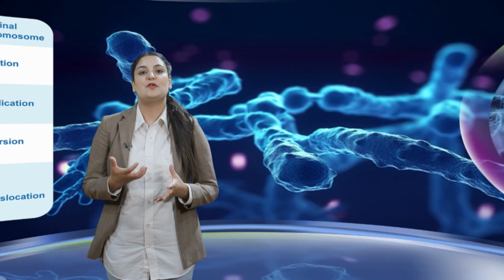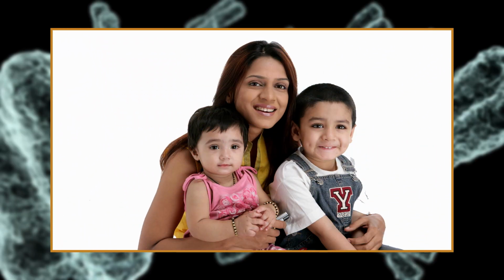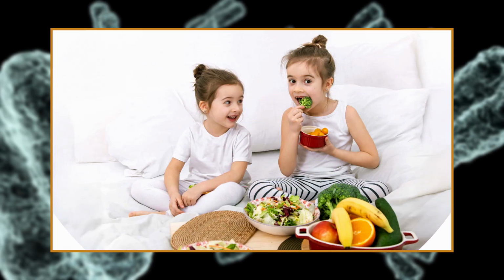Now, different approaches to reduce the risk of chromosomal aberrations. Although chromosomal aberrations cannot always be prevented, certain steps can help lower the risk, especially before and during pregnancy. Parents can reduce the chance of chromosomal abnormalities in their children. How?